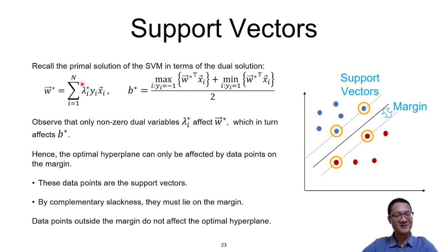The first thing you note is that any data points that are not on the margin have a lambda i equal to 0, meaning that they do not contribute to this summation. Therefore, they do not affect w star, and therefore they do not affect b star. So all of these other data points over here, the ones not on the margin, do not affect the decision boundary.